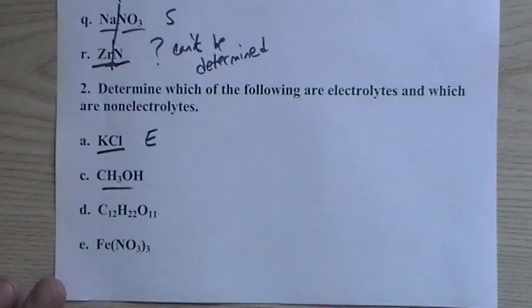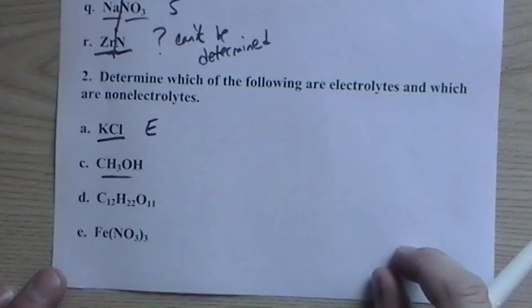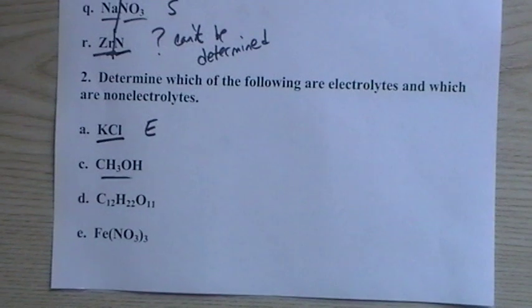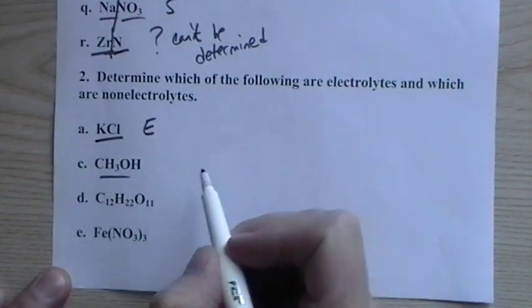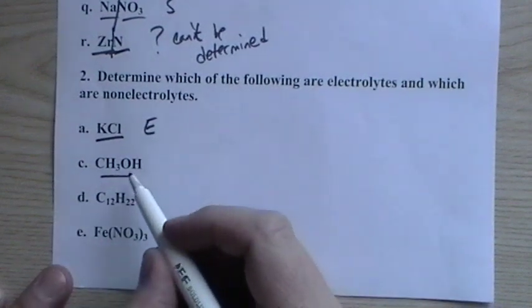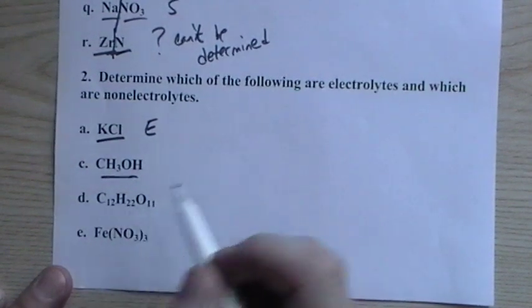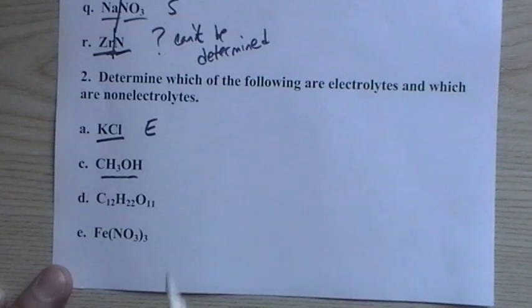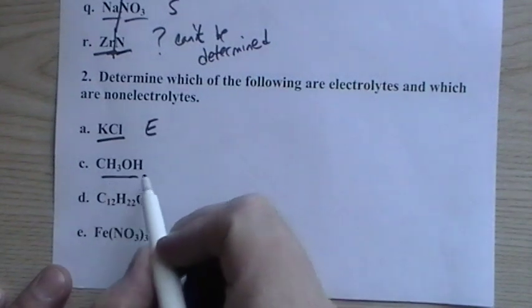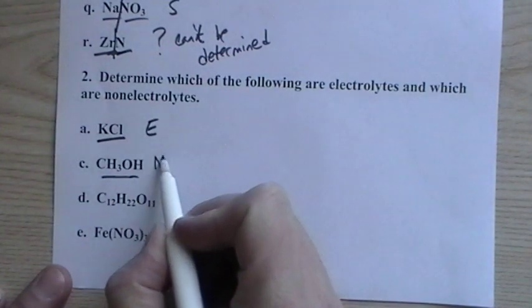The rule is like dissolves like. And we don't get into polar versus nonpolar molecules till much later in the chapter. But you should know that methanol is one of our compounds that we have a name for from the organic compound lecture. So this methanol dissolves in water, so it would be a non-electrolyte.